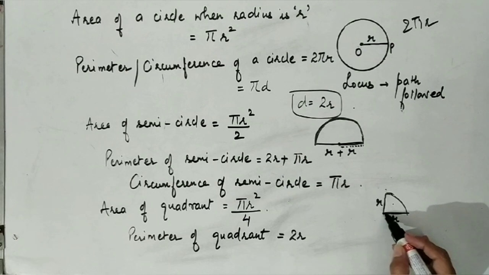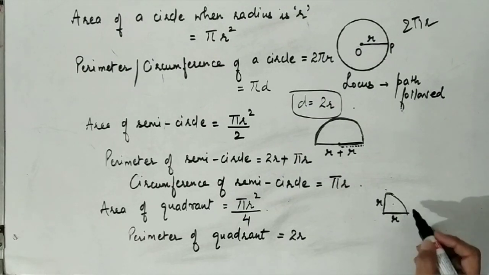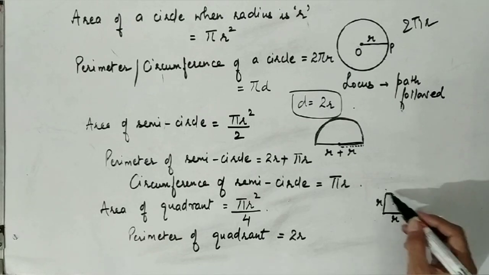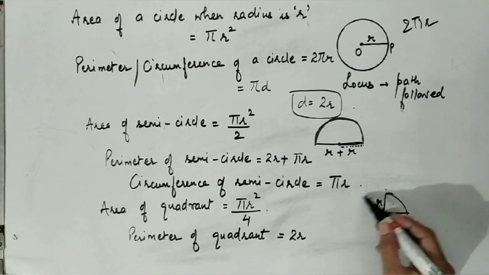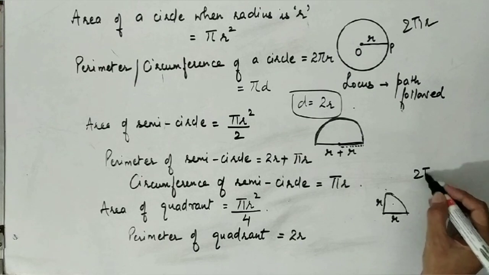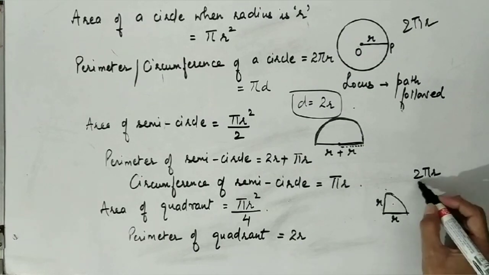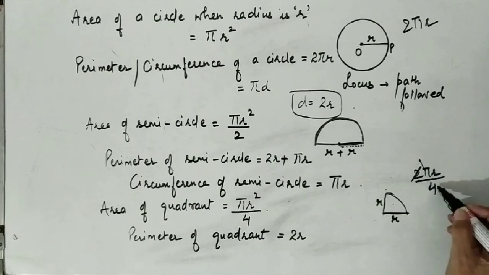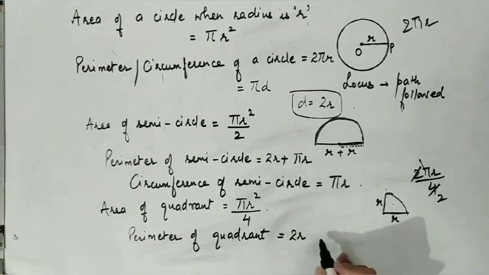You're starting from here, you move this region which is R, then you cover this curved region. Full curved region was 2 pi r. The quadrant's curved region would be 2 pi r upon 4, so it is pi r by 2.